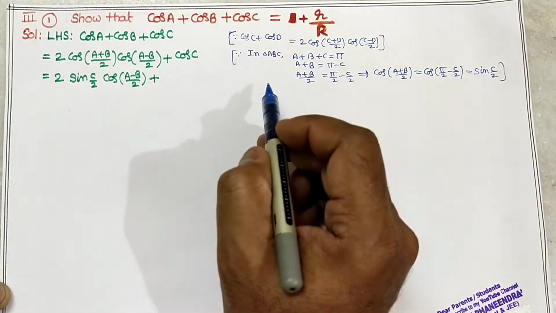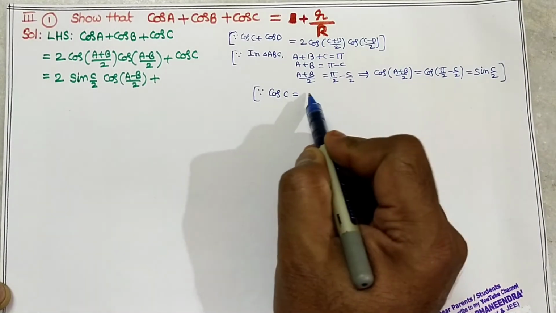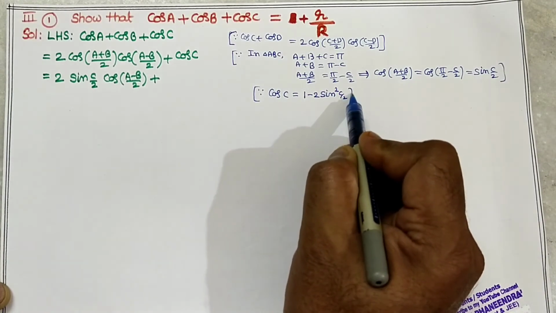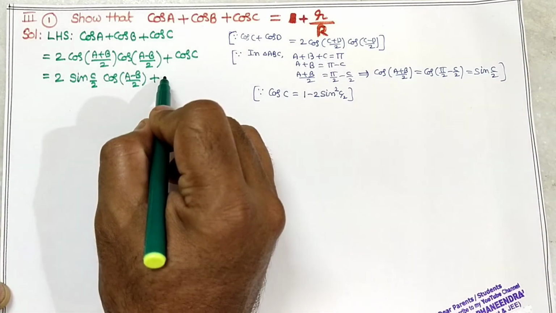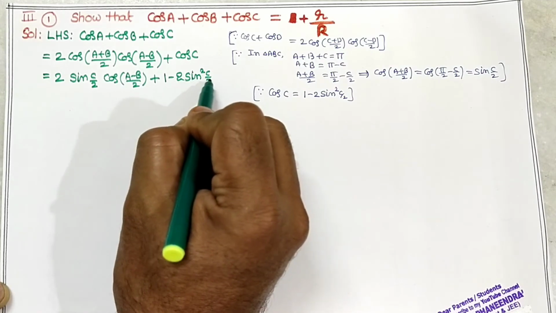Cos C equal to 1 minus 2 sin square C by 2. This is the formula, cos in terms of sin, the half angle formula. So 1 minus 2 sin square C by 2.